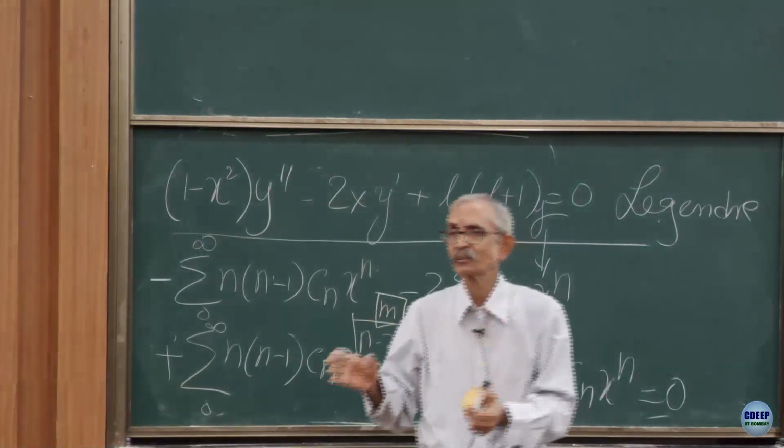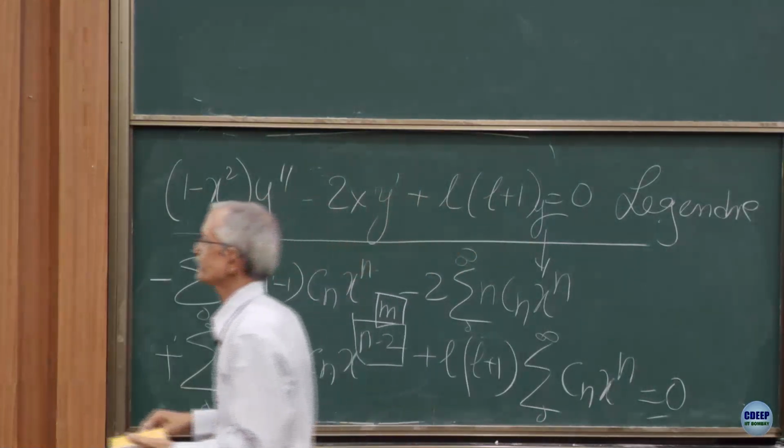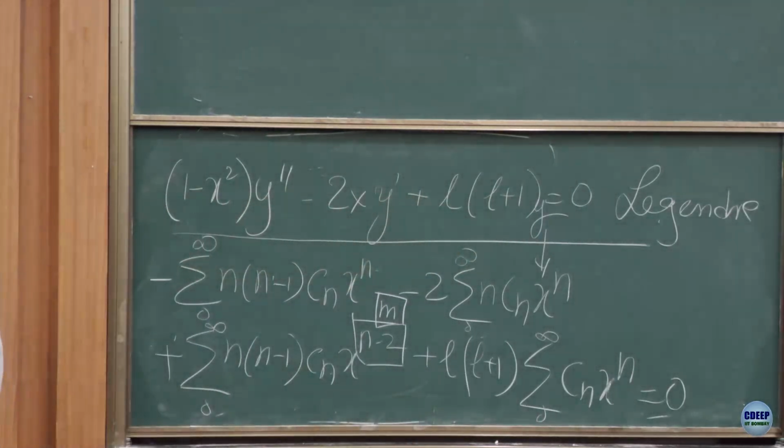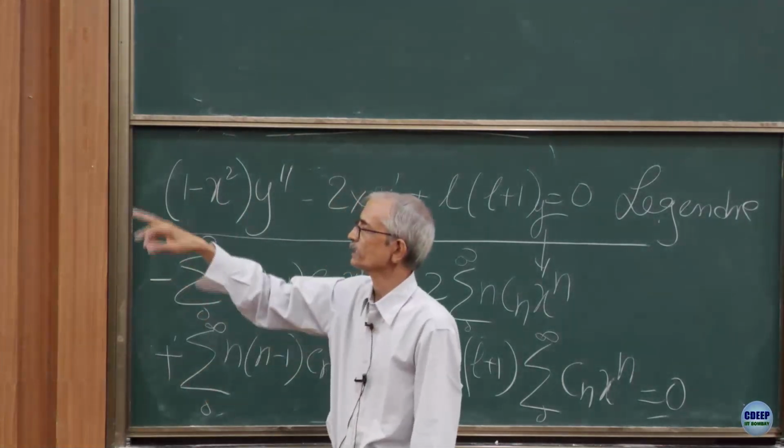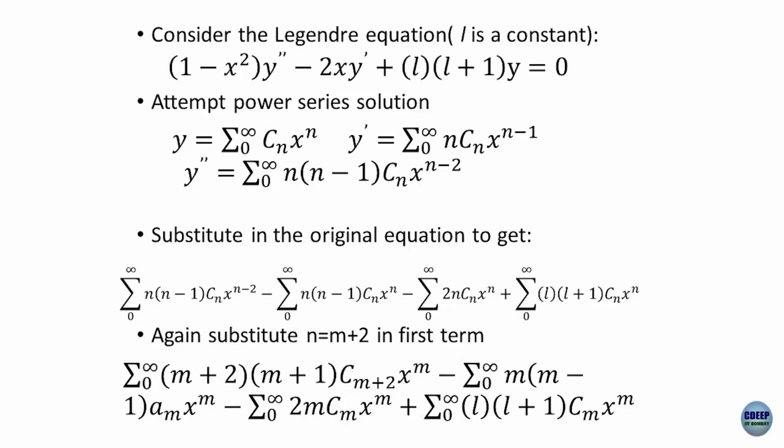I'm not going to do that on the board, but up to here is fine. Then you just substitute n equal to m plus 2, or n minus 2 equal to m, which is a more proper way of putting it, but both are identical. Just plug this in and you get this guy here.